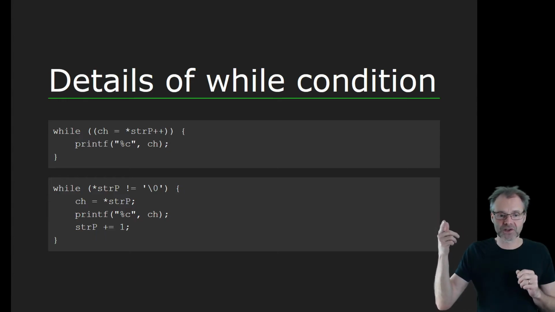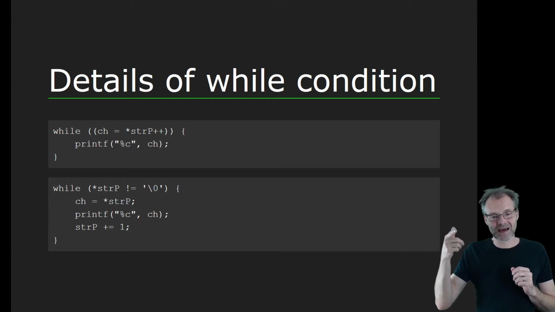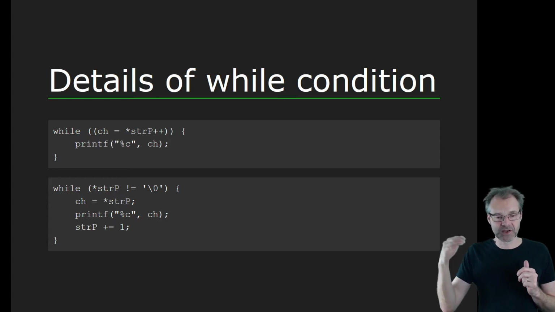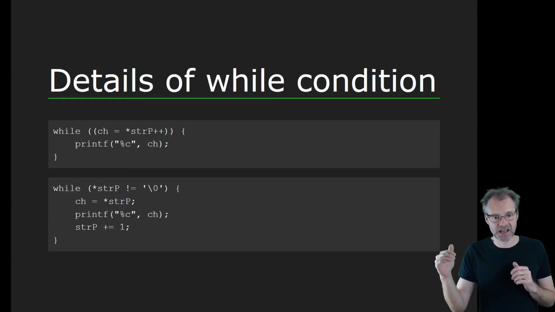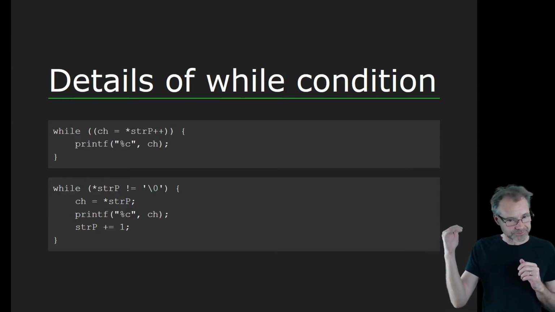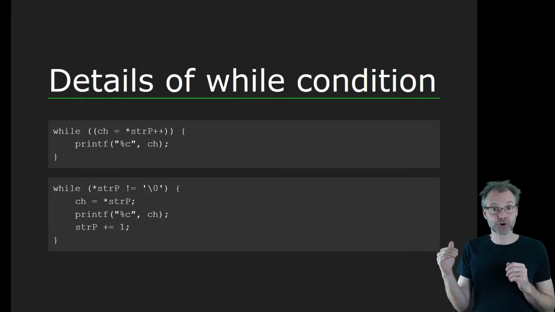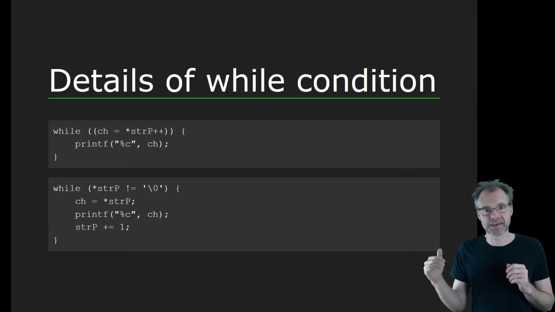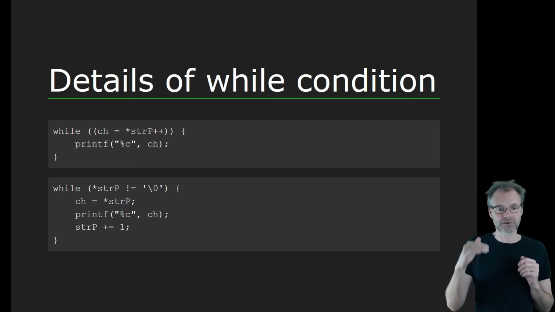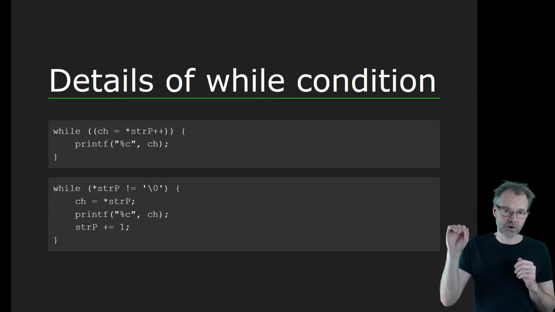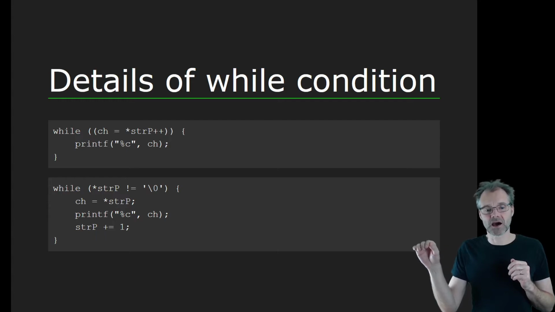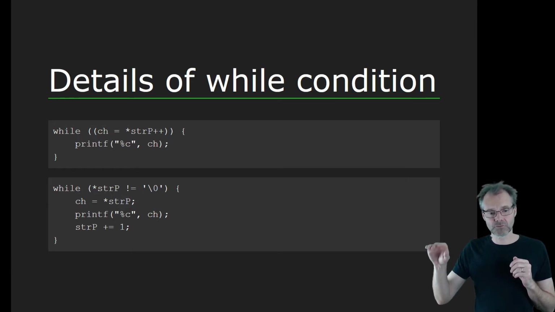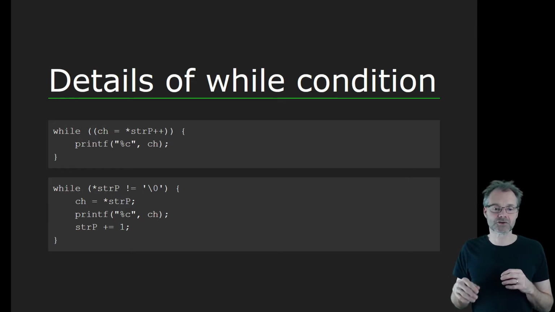First I'm pointing at the first character here, and as long as that is not the null character, proceed in the loop. Okay, so I go into the loop, I assign that character to ch, then I print ch, and then I increment my pointer, so the pointer points to the next character in line. Then I go up there and check, what character am I pointing at now? Is it the null character? No? Okay, continue, more and more, until we reach the null character.